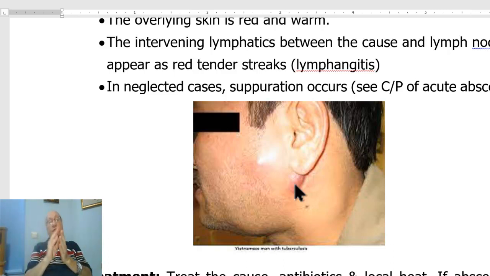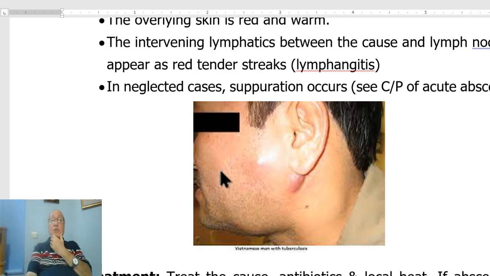Acute lymphadenitis is one of the causes of enlargement of lymph nodes. It is usually acute non-specific lymphadenitis, which means any organism, staph, strep, pneumococci, any organism may produce this acute non-specific inflammation.